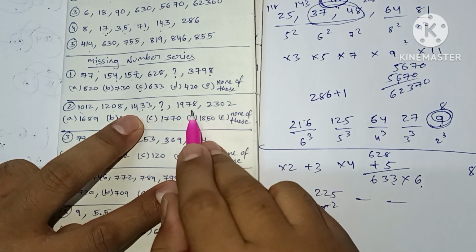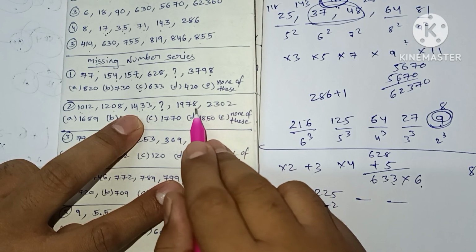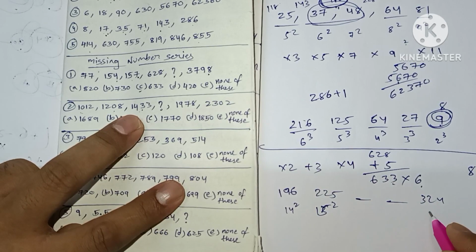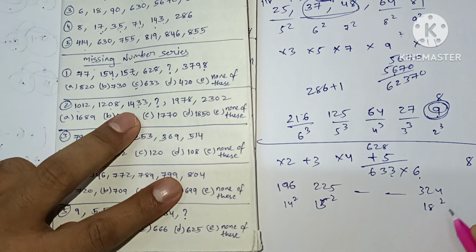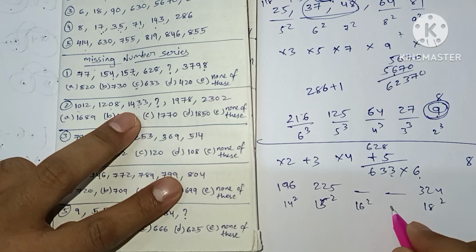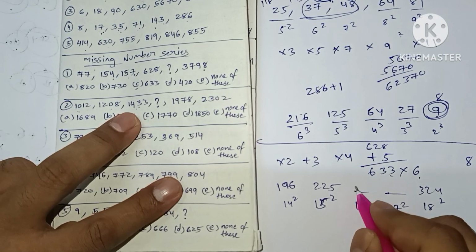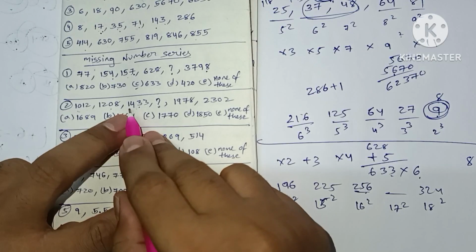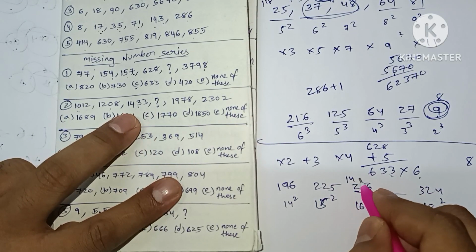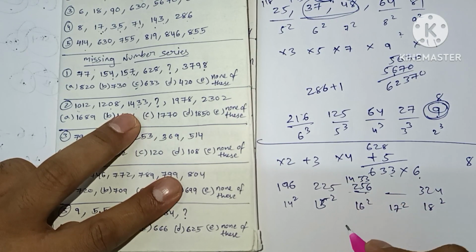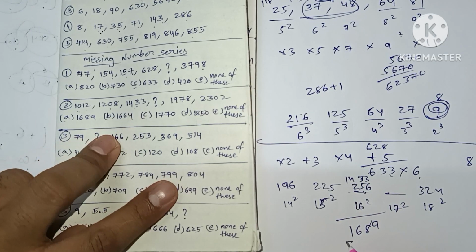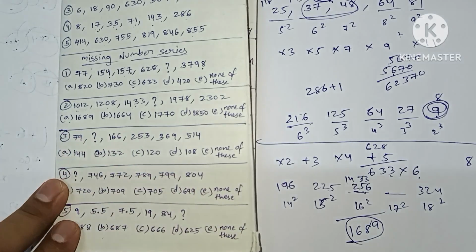Here the difference is 324, so this is 18 square. So it must be 16 square and 17 square. 16 square means 256. 256 added to 1433 will be 1689. 1689 is our answer, option A.